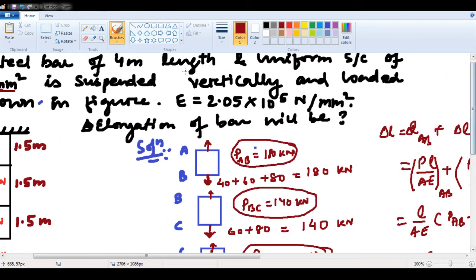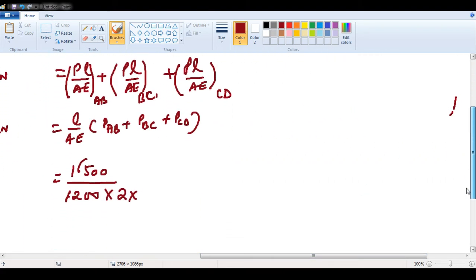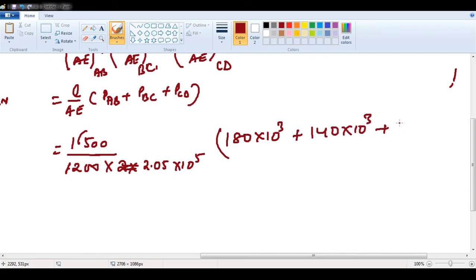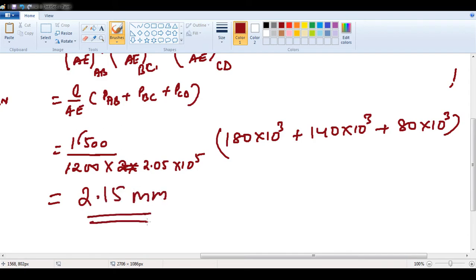E was given as 2.05 into 10 power 5. PAB is 180 kilonewton, PBC was 140 kilonewton, and the last one was 80 kilonewton. So when we solve this, finally we get 2.15 mm. This is the total extension of the body.